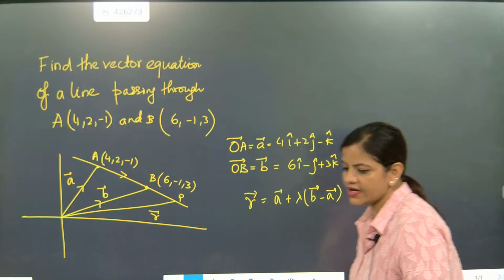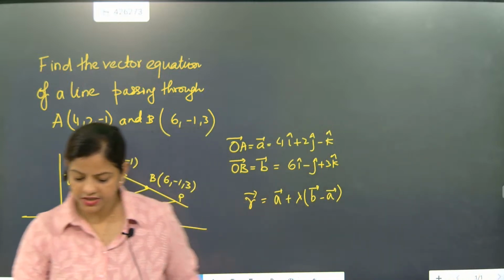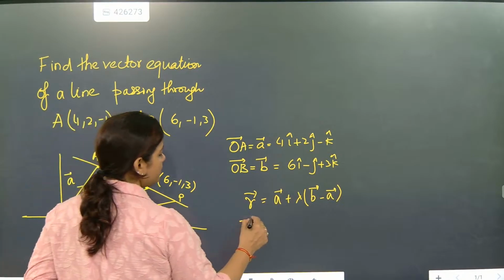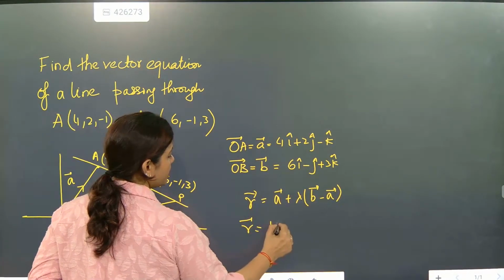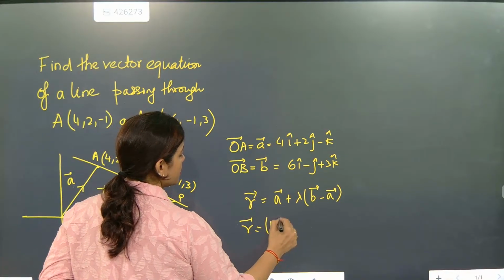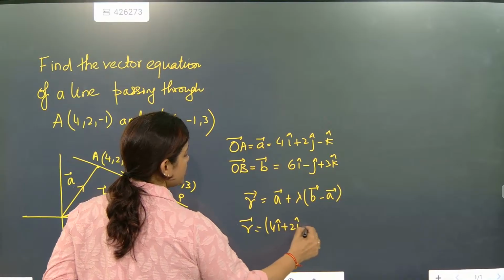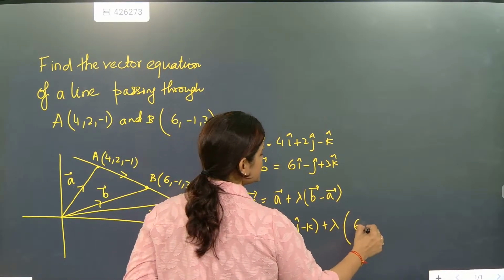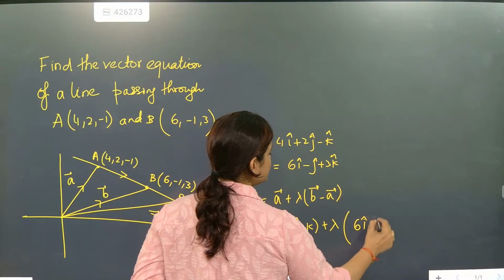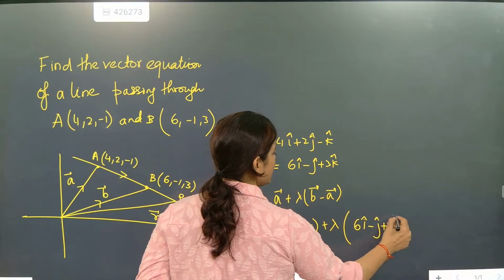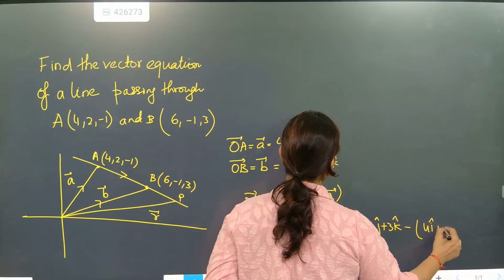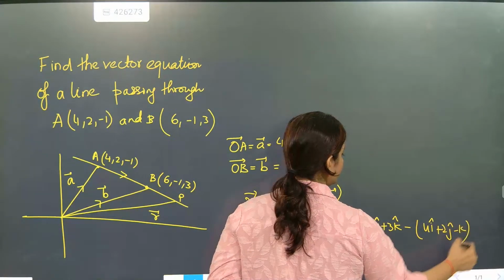So R vector is equal to A vector plus lambda times B vector minus A vector. This is the way of writing the answer. So how are we going to write? R vector is equal to 4i plus 2j minus k plus lambda times (6i minus j plus 3k minus (4i plus 2j minus k)).